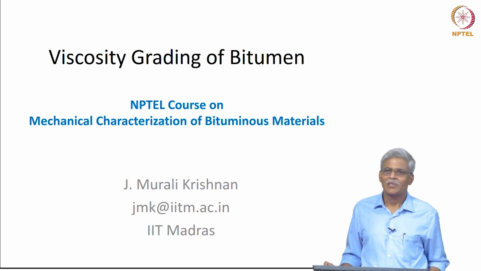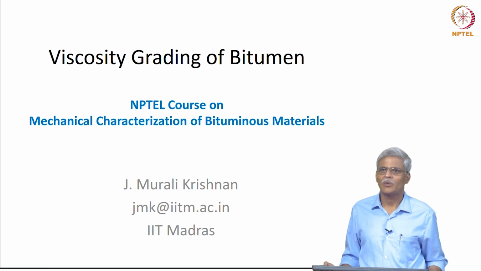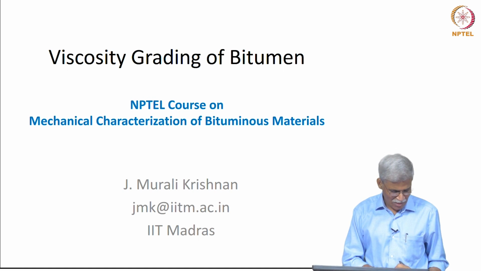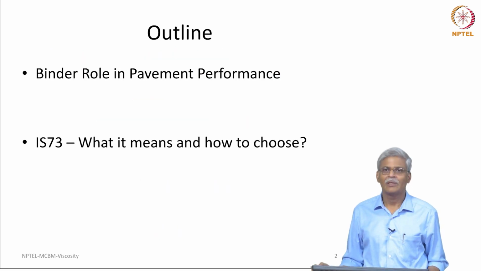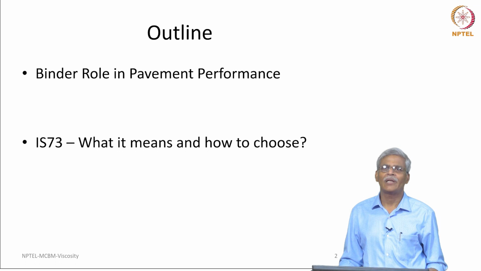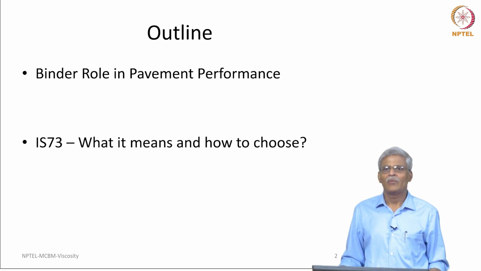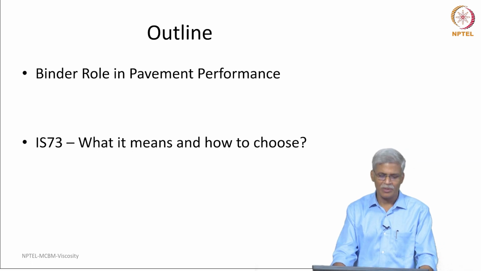So, in this lecture we are going to talk about the basics related to viscosity grading of bitumen, and the outline of this lecture is we first need to understand what is the role of binder in pavement performance.